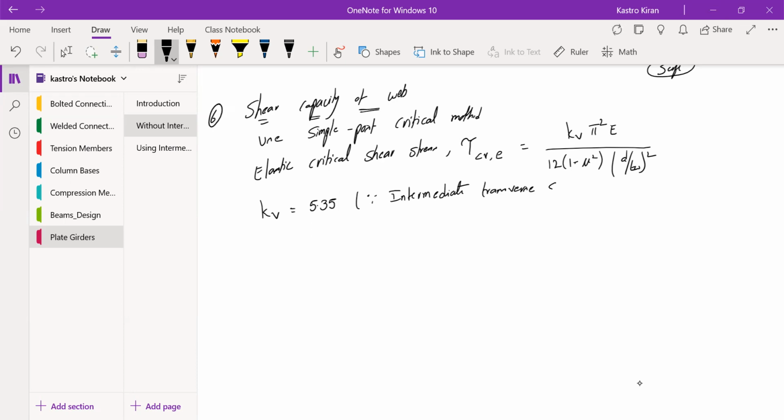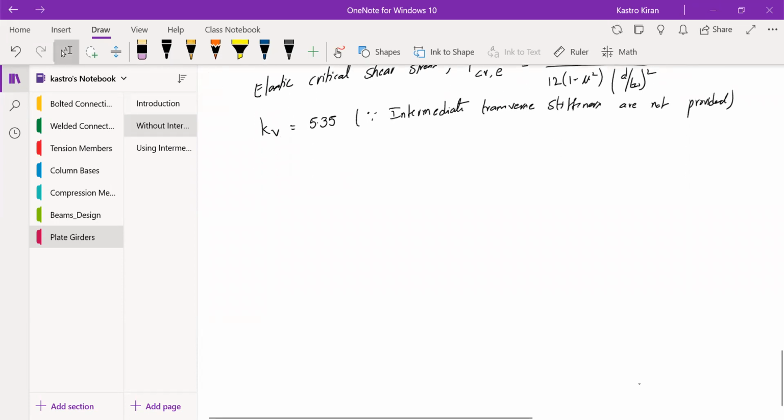I'll talk about the value of kV when you are providing intermediate transverse stiffeners in the next module. For the time being, remember that kV is taken as 5.35 when you are not using intermediate transverse stiffeners.